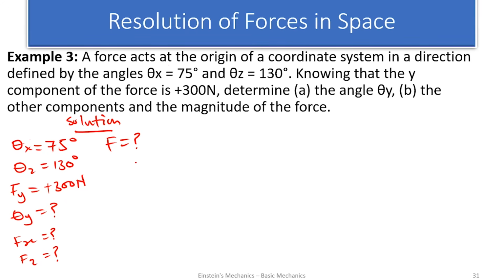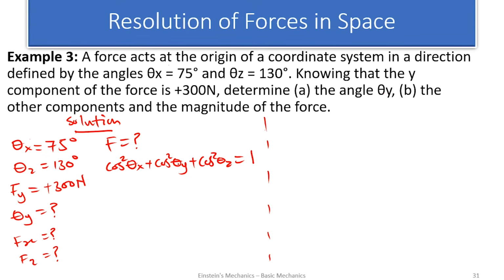How do we go by it? First, let's get the angle theta y. Do you remember this? Cos square theta x plus cos square theta y plus cos square theta z is equal to 1. Yes. So we can play with the values to get our cos theta y.